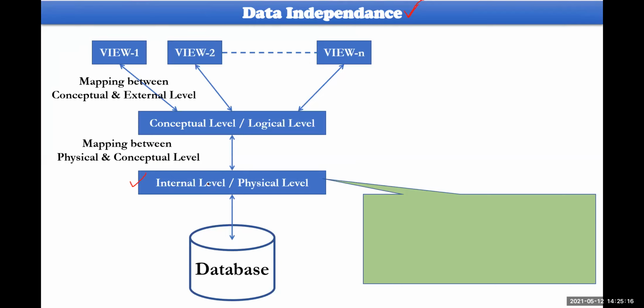So let me repeat one more time. If any modification is done at lower levels, it will not affect the higher levels. Look at this, internal level is the lower level. Next will be the conceptual level. The other will be the external level. Okay, three levels are there. If any modification is done at the internal level, it cannot take place in the other two levels.